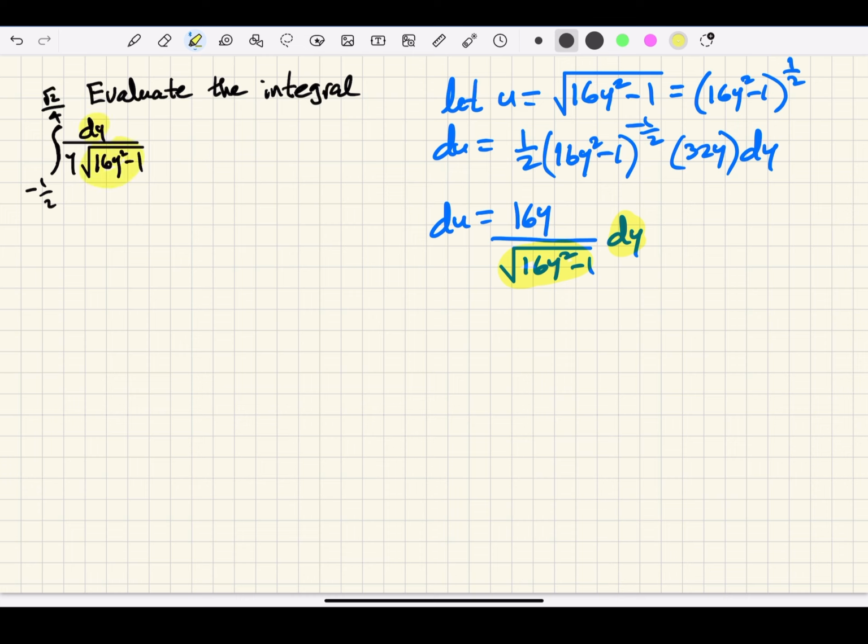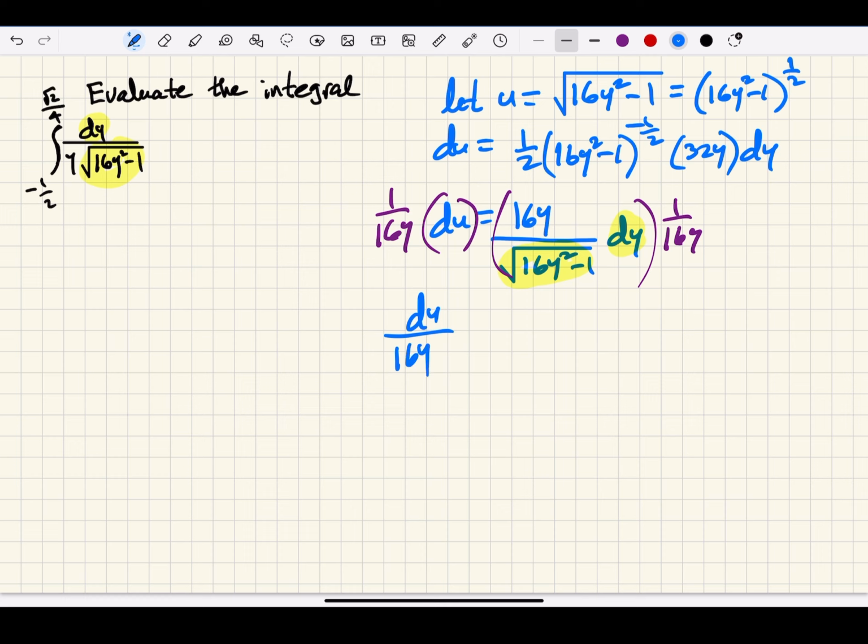If I were to divide both sides of this by 16y, or in other words, multiply both sides by 1 over 16y, then I'd have du over 16y equal to dy over the square root of 16y squared minus 1.